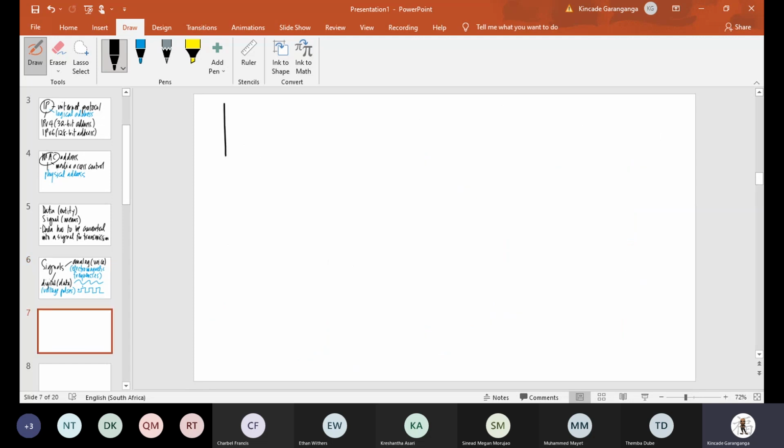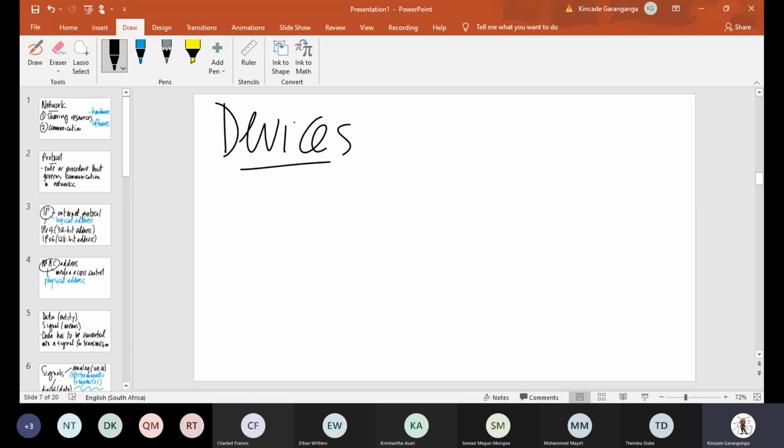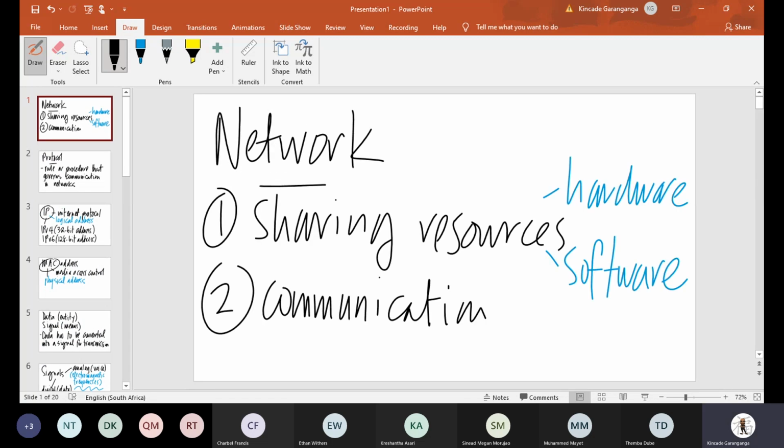So on that note, it's also important to identify some of the basic devices associated with your generic networks. Remember the connection we were talking about early on, the whole issue of communicating and sharing resources: these networks can either be bounded or wireless.